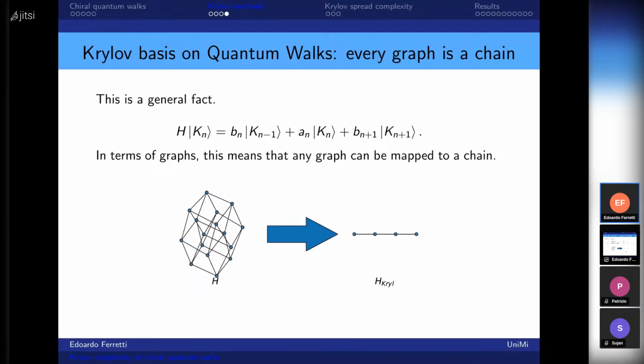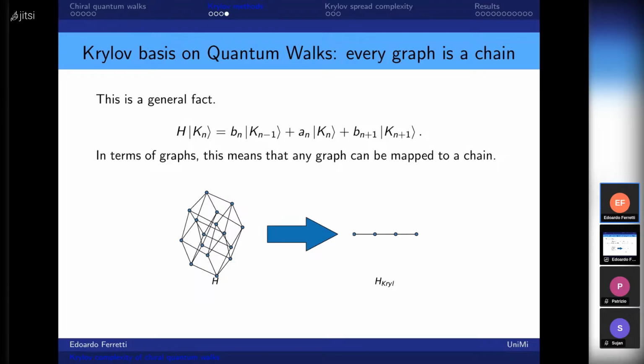Is this true for any age, or what's the structure? It's true for any age. It's just the definition of Kn made to satisfy this relation. Because if we unwrap what's in Kn, it is H to the n applied to psi 0 minus other stuff, which makes it orthonormal to all the other ones.